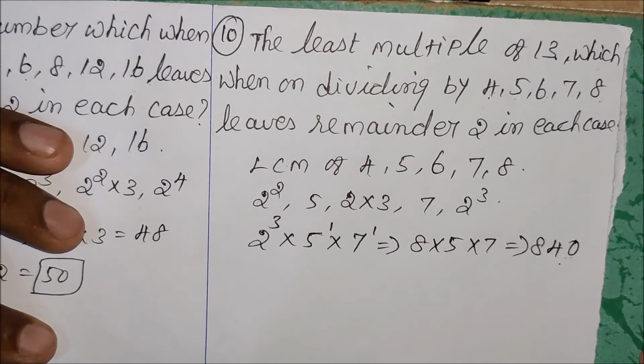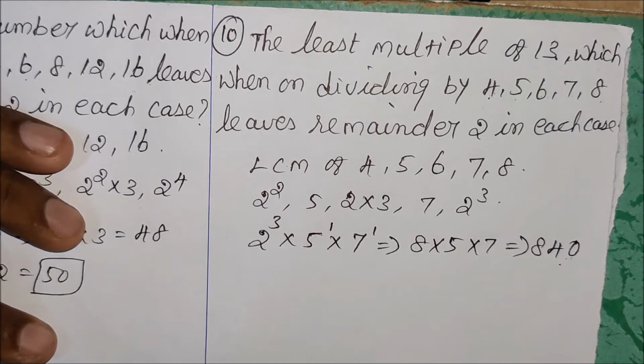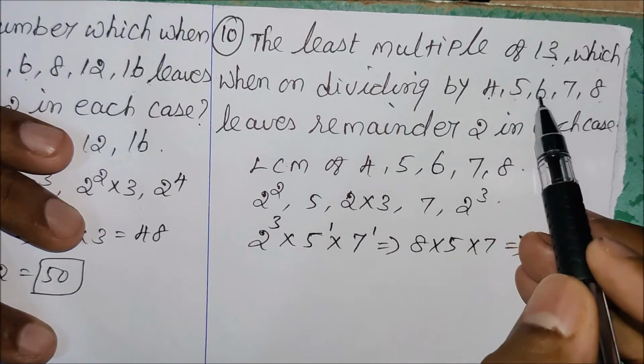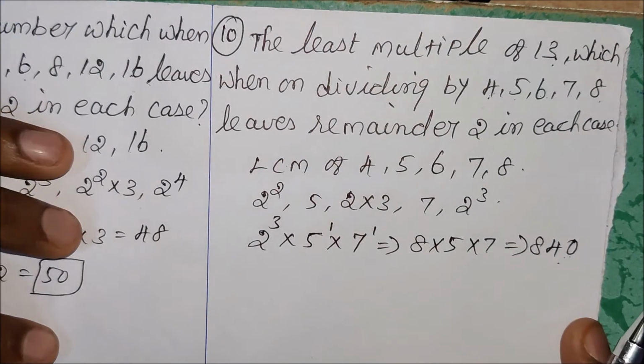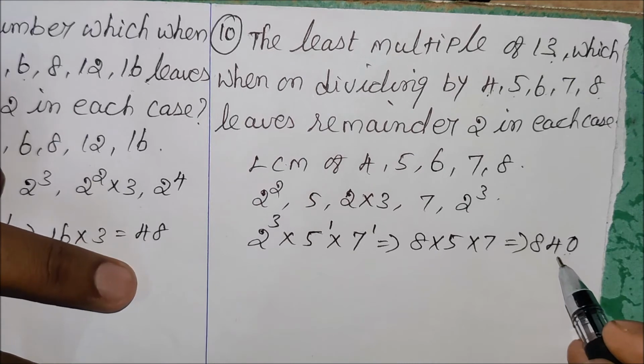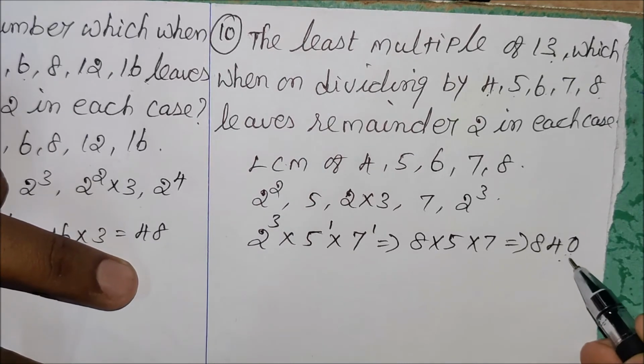Here we have a somewhat strange case. We need to find the number which is exactly divisible by 13, as well as when the number is divided by 4, 5, 6, 7, 8, it gives remainder 2. So for that I need to take the multiples of 840.